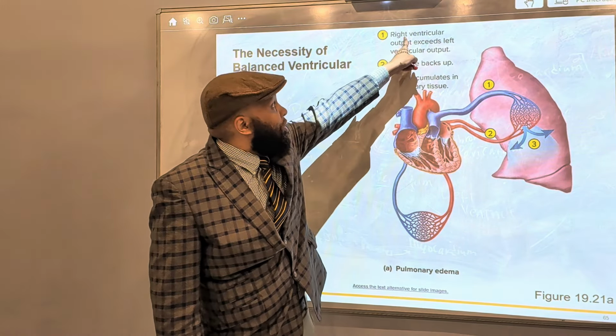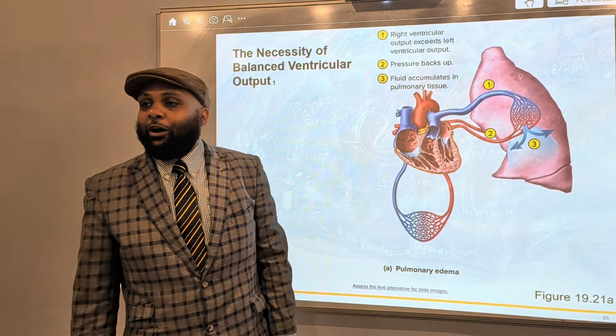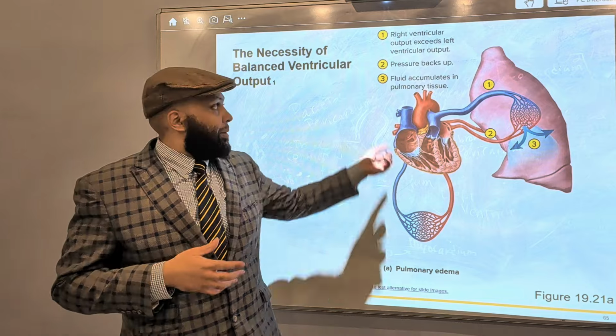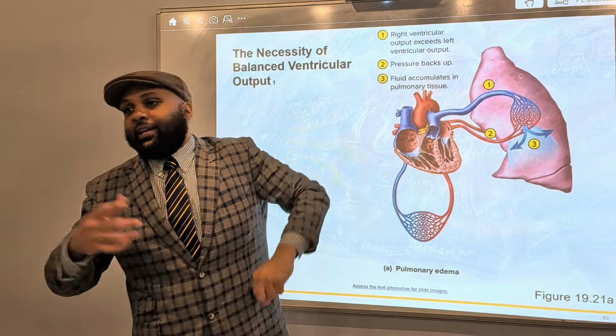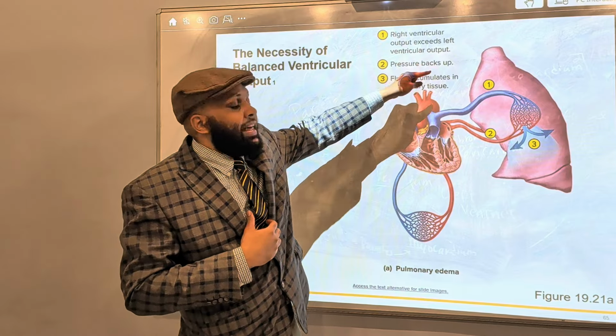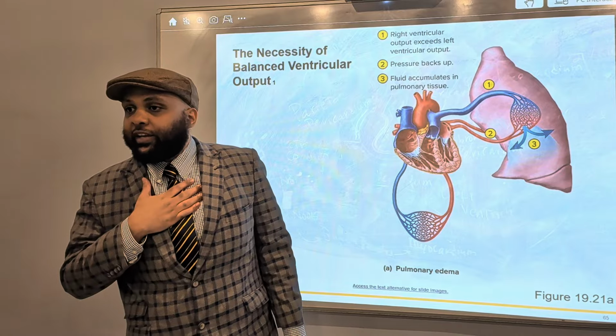It means the person is suffering from what? From left heart failure. If the person's right ventricular output exceeds the left ventricular output, it means that the left ventricular output is failing.